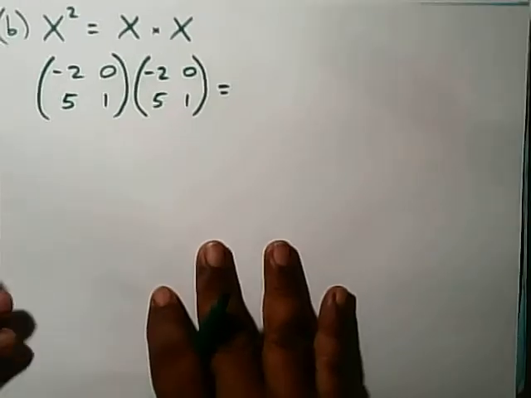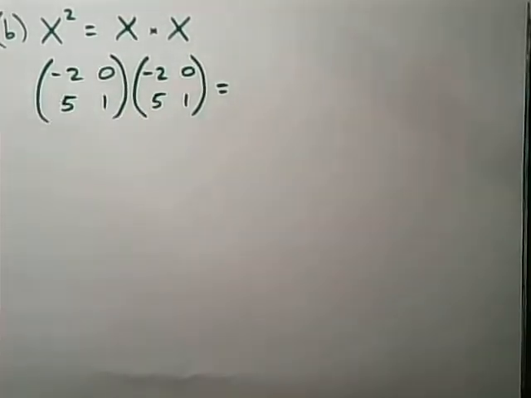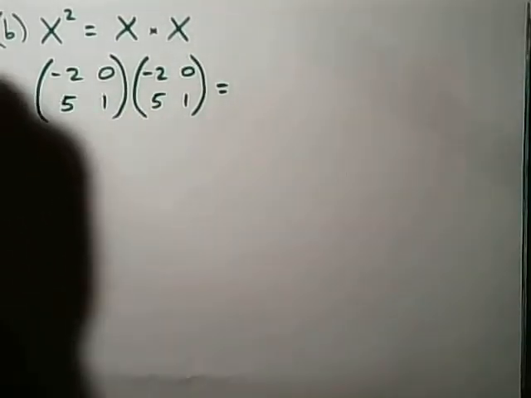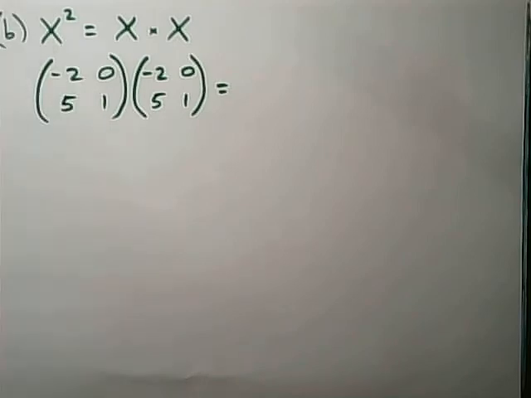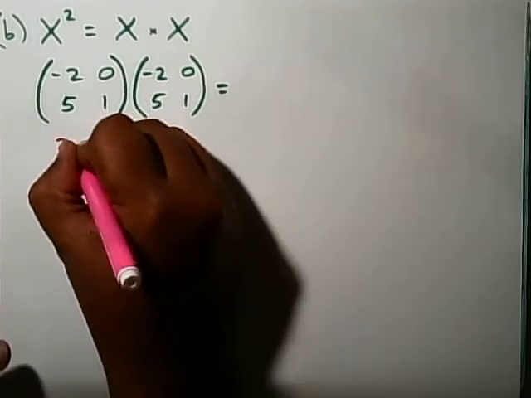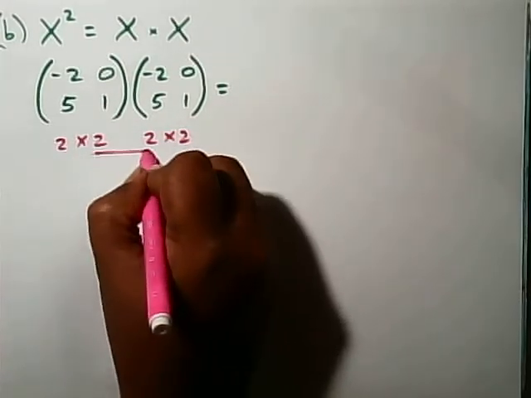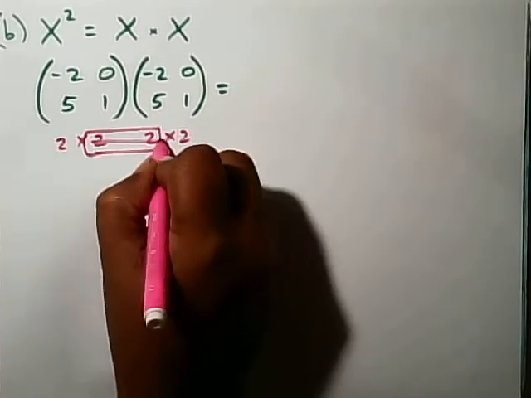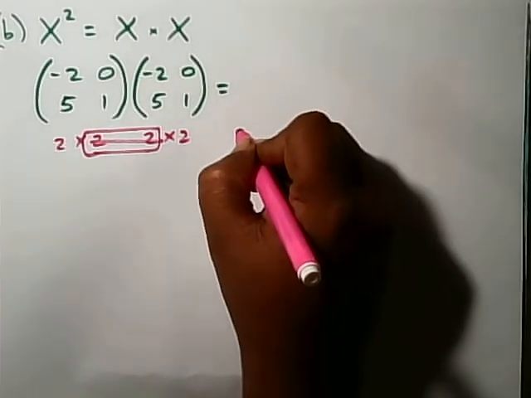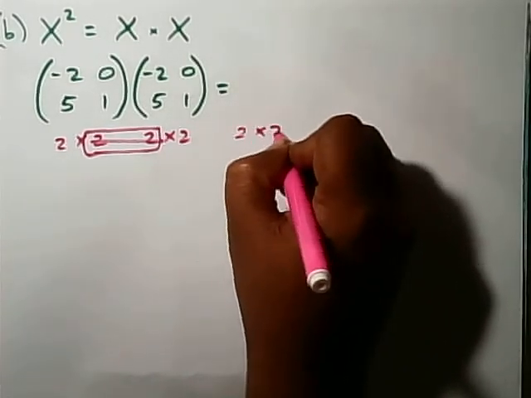Okay, what do we do here? We check our rows by column. We have a 2 by 2 matrix, a 2 by 2 matrix. If these numbers are the same, leave them out. Our answer will be a 2 by 2 matrix.